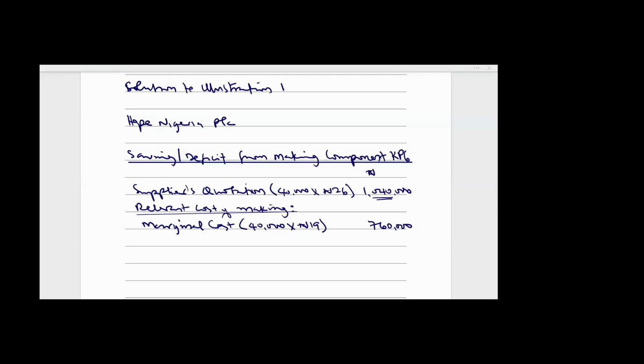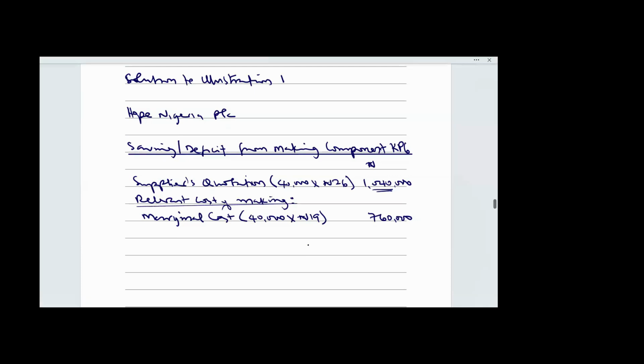So I would then come here, contribution loss. That's a relevant cost. So 4,000 units multiplied by 320 minus 240. That's 320,000.